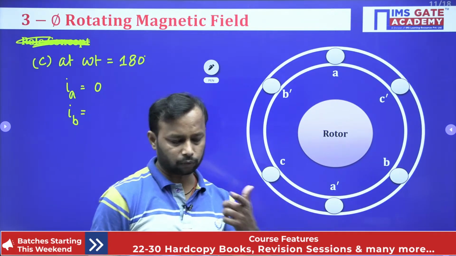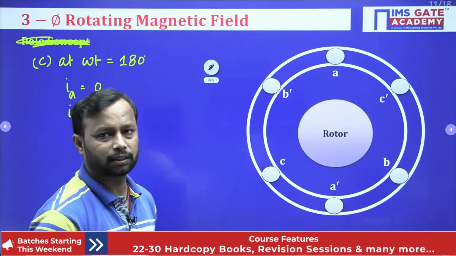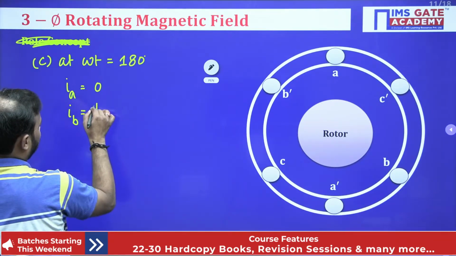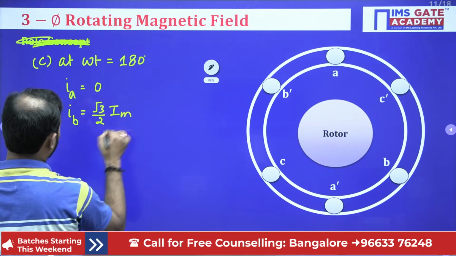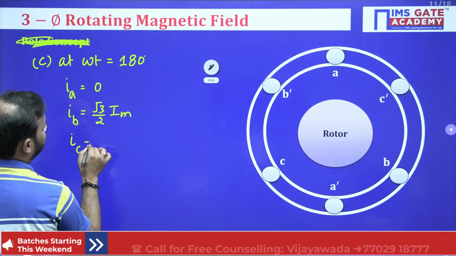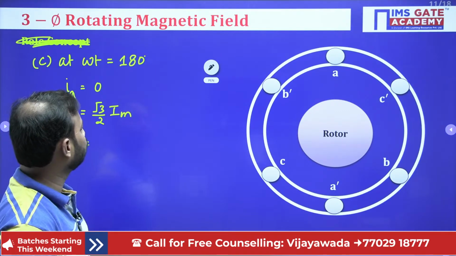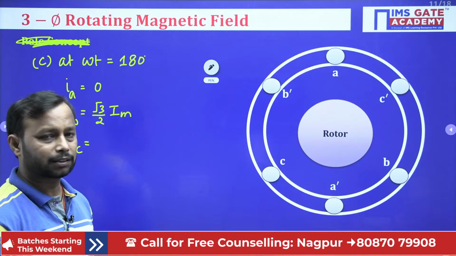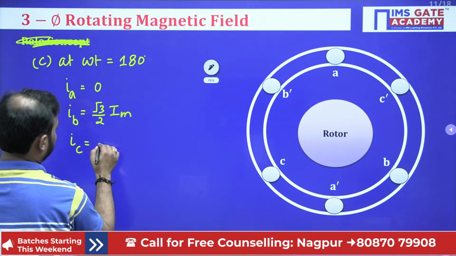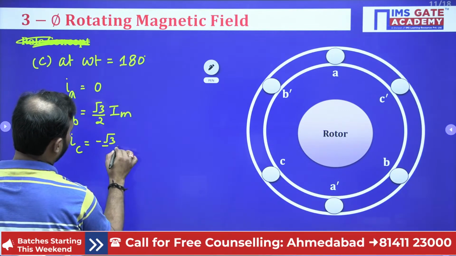So 180 minus 120 is what? 60. So this will become root 3 by 2 Im. Please check. Ic is 180 minus 240, so minus 60. Sin minus 60 is minus root 3 by 2 Im.